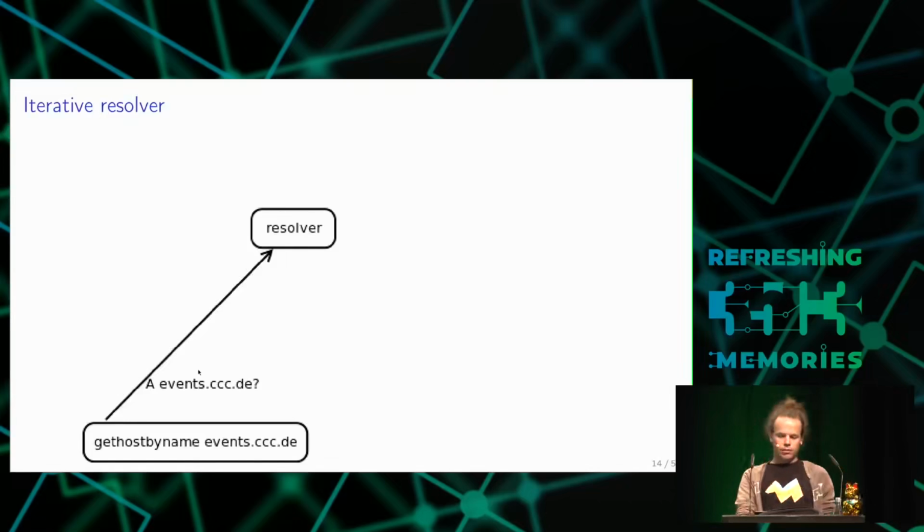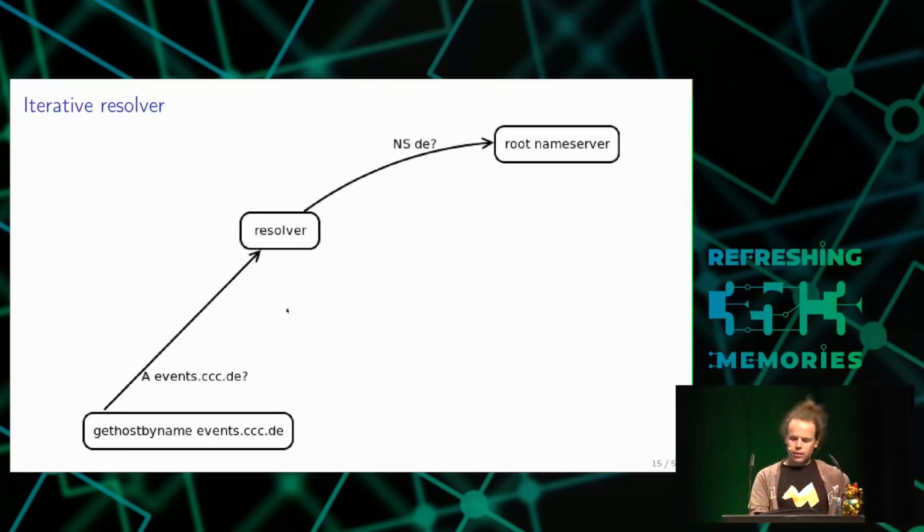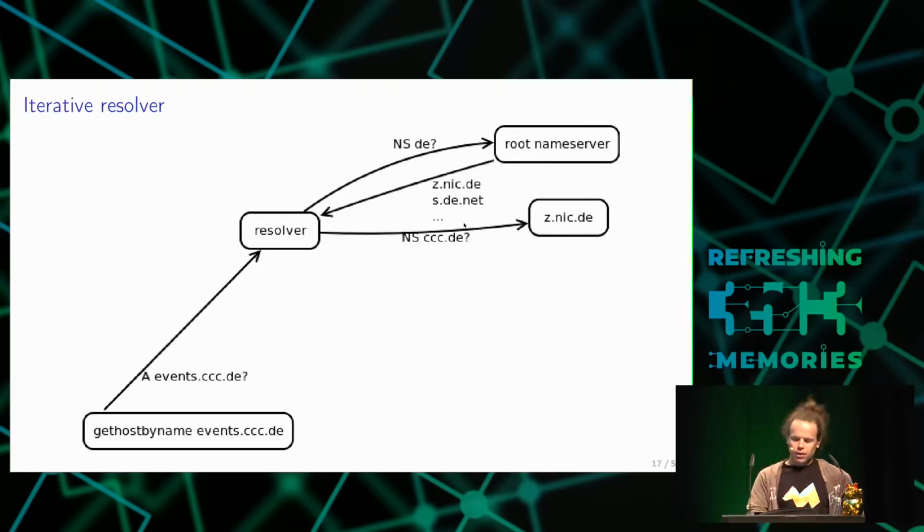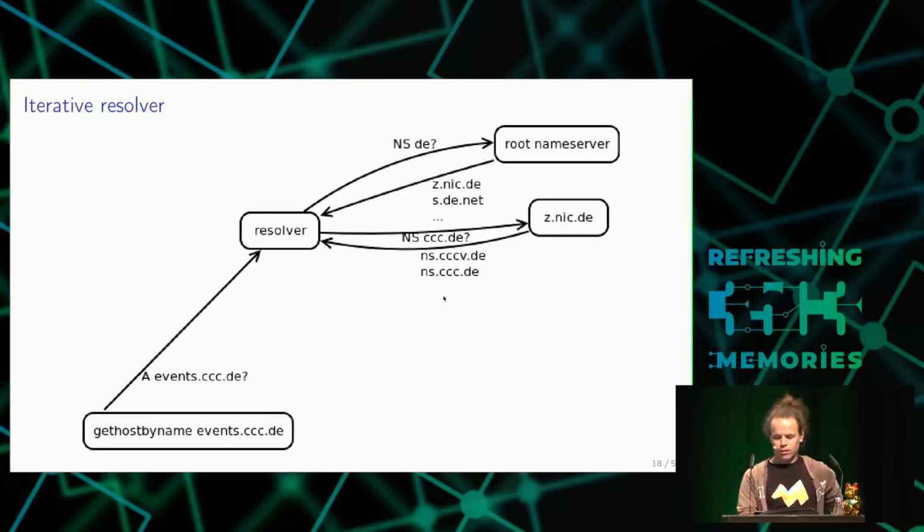What does the resolver do? Let's consider the resolver doesn't know anything apart from the root name service. Then it asks the root name service who is responsible for the DE domain. They reply with a list of name servers which are responsible for that. The resolver then asks one of these name servers what the name server for ccc.de is. That one replies with those name servers.